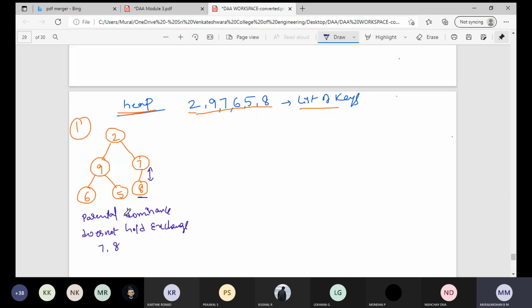So if I exchange, what will be the tree? The root will be here, and here 9, and here. So if I exchange, what will be the node here? 8. So here it is 6, and here it is 5, and here it is 7. Okay, 7 and 8 have been exchanged. Now similarly, you check for the parental dominance. Is it holding here?